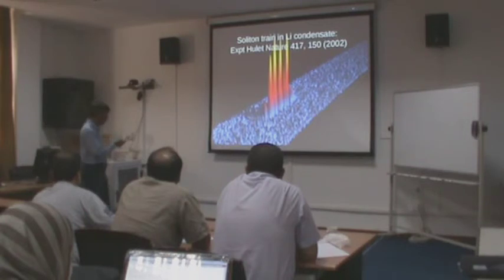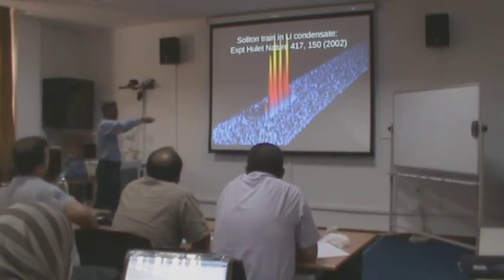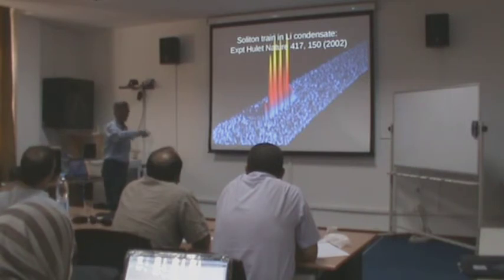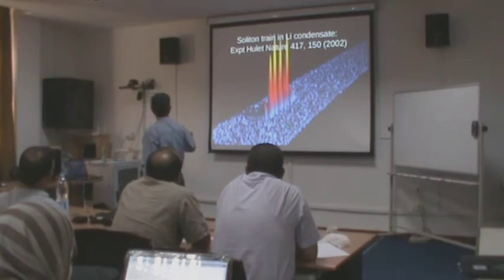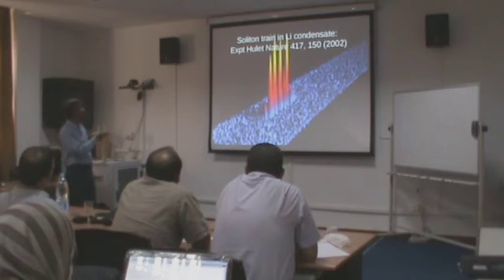There are some peaks in this x direction, and there is no magnetic field in that direction. It's free, and it is bound only by the atomic interaction. So this is the picture. This was done in experiment.